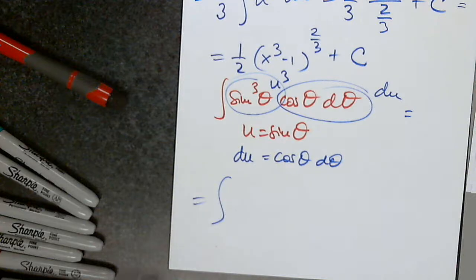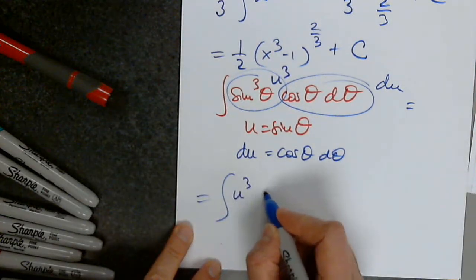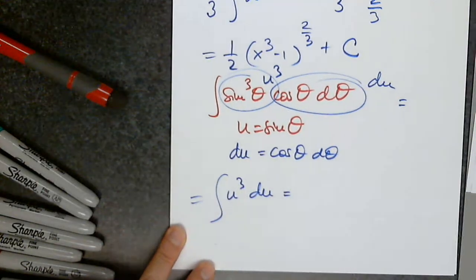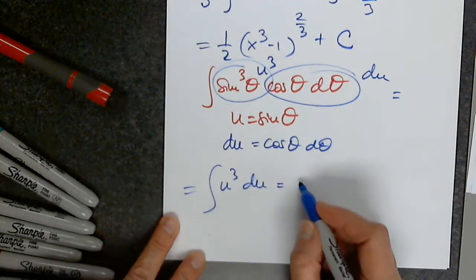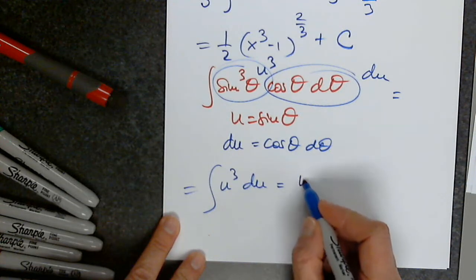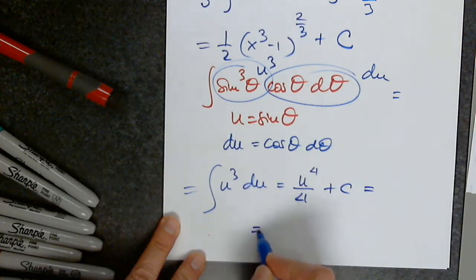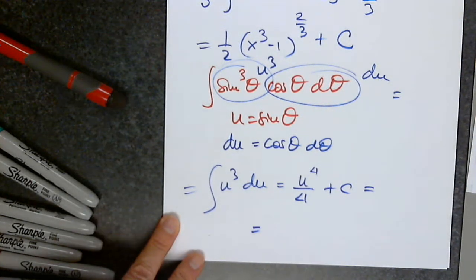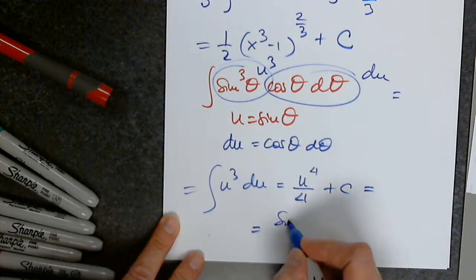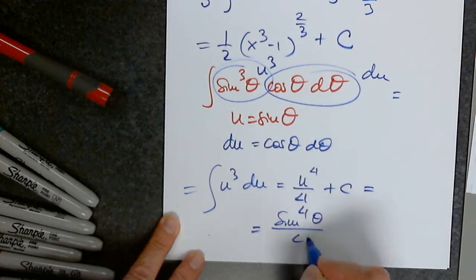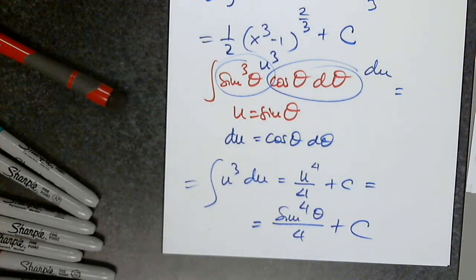Don't make that mistake. So this is u cubed du, and the answer is... Very good. And then now I have to change back. U was sine theta, sine to the 4th over 4 plus a constant c.